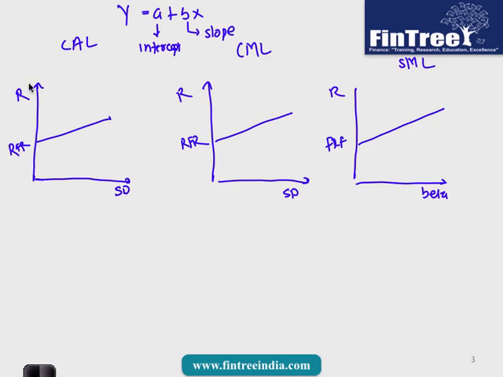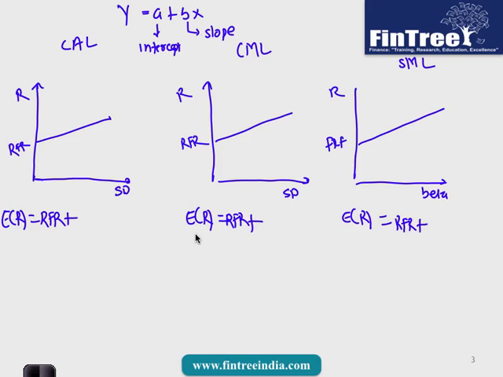So what do we have on the y-axis in all three? Expected return is equal to, expected return is equal to, expected return is equal to. What is the intercept a? The intercept a for all three lines is RFR. So it is RFR plus, RFR plus, RFR plus.